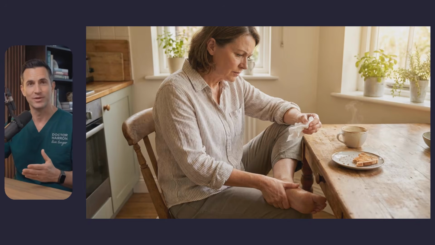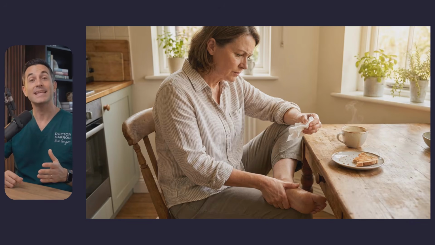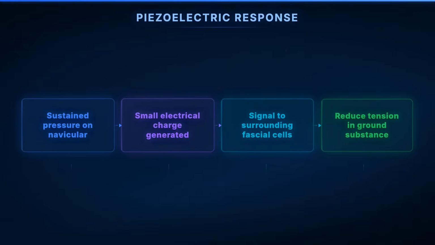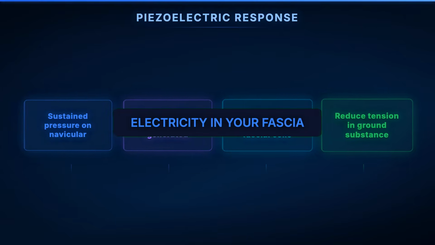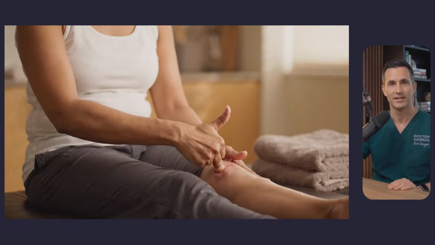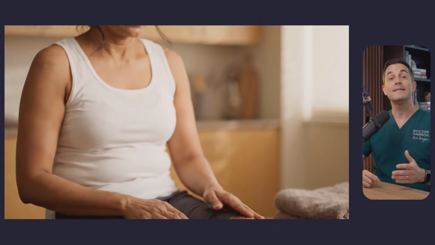At around the 10-second mark, you may notice the tissue beginning to soften. Not fully, just beginning. A slight change in the quality of what you're pressing against. That is the fascial ground substance starting to respond to sustained pressure. The piezoelectric response of connective tissue, which generates a small electrical charge under compression that signals the surrounding cells to reduce their tone. 20 seconds.